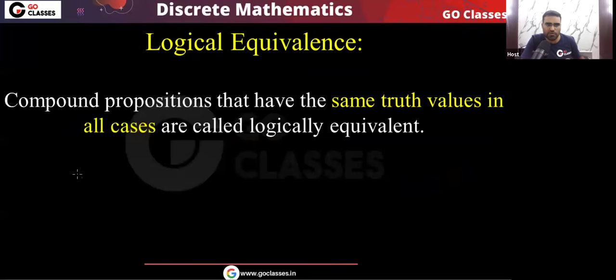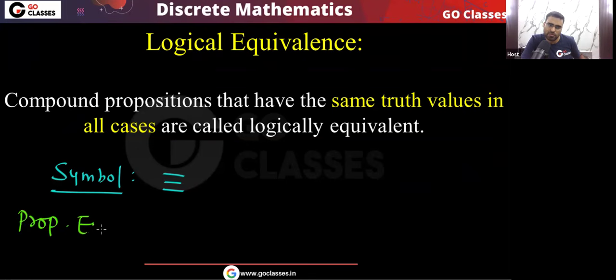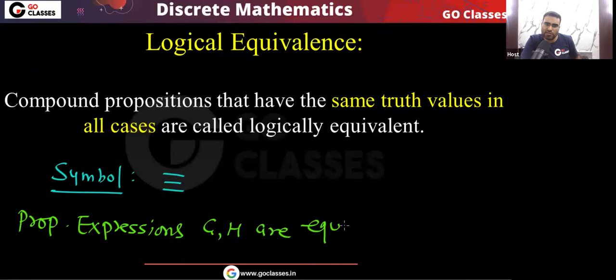Okay, and what is the symbol? The symbol is like this. Remember, the symbol is this. So when can I say that G comma H are equivalent? Very simple point. If your propositional expressions G comma H always have the same truth value in all the cases, then they are equivalent.